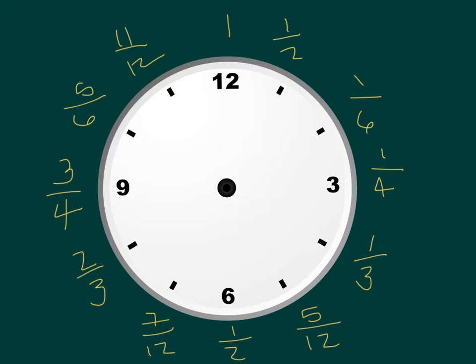So, as we can see, a quarter hour would be something like this. That is a quarter of the whole clock. If we want a sixth of an hour, just go here.